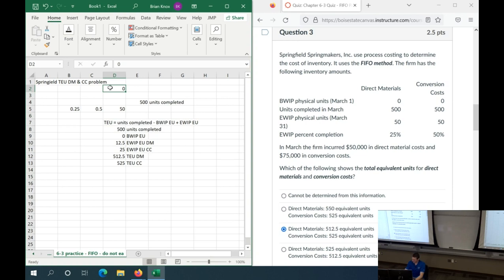So if it had a number of how many there were, let's say there are 100 beginning WIP units, and we would need to know their percents complete with respect to the different. So we can't calculate. We would not be able to calculate it. Yeah, exactly. Not with this information, not yet. But because it's 0, we know that there's no way it could have any percent completion. There's no unit to even start it.